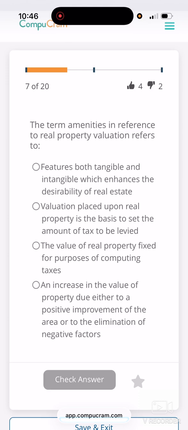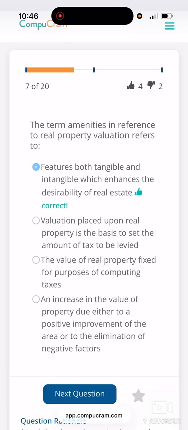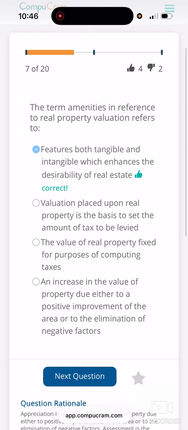An increase in the value of property due either to a positive improvement of the area or the elimination of negative factors. I think it's either A or D, so let's go with A. Yep. So the term amenities in reference to real property valuation refers to features both tangible and intangible, which enhances the desirability of real estate.